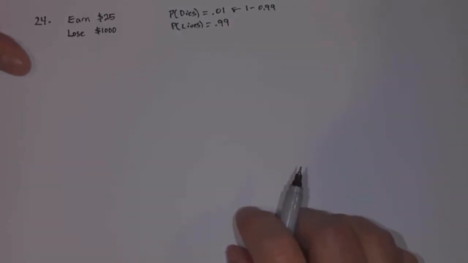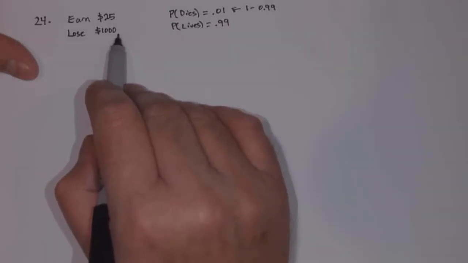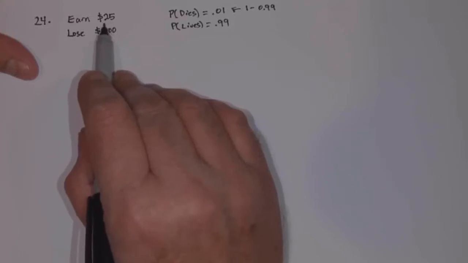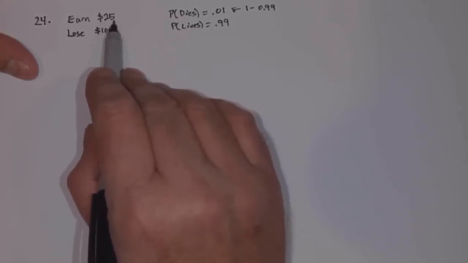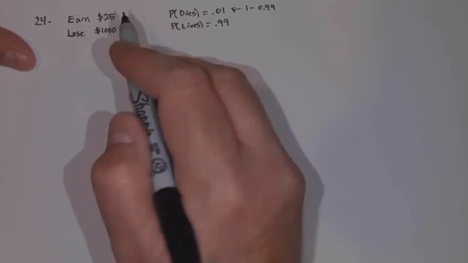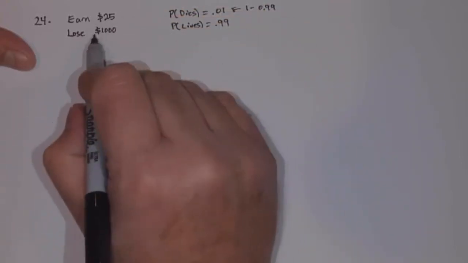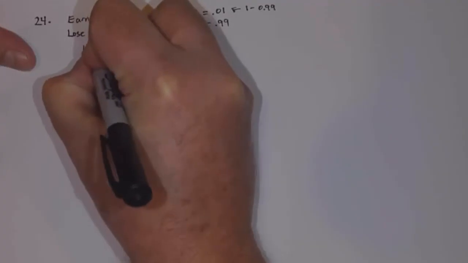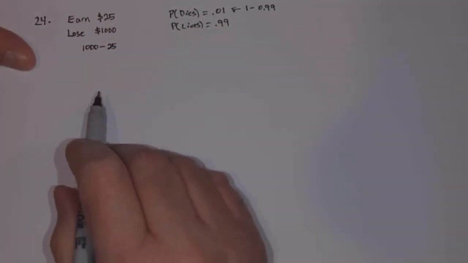Okay? Now, when I say that the insurance company loses $1,000, that's not exactly accurate, because regardless of whether the 20-year-old lives to be 21 or not, he has paid $25 for the premium. So what the insurance company will actually lose would not be $1,000. They would lose $1,000 minus the $25 that was paid for the policy.